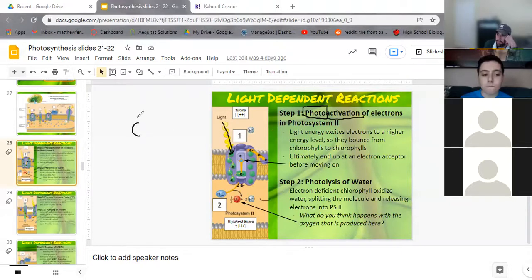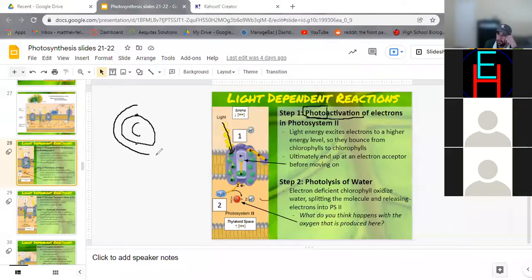We know that in a molecule or an atom, we can find protons, and we can find electrons. Electrons are found in these valence shells, right? Don't mind the fact that my atom drawing is atrocious.